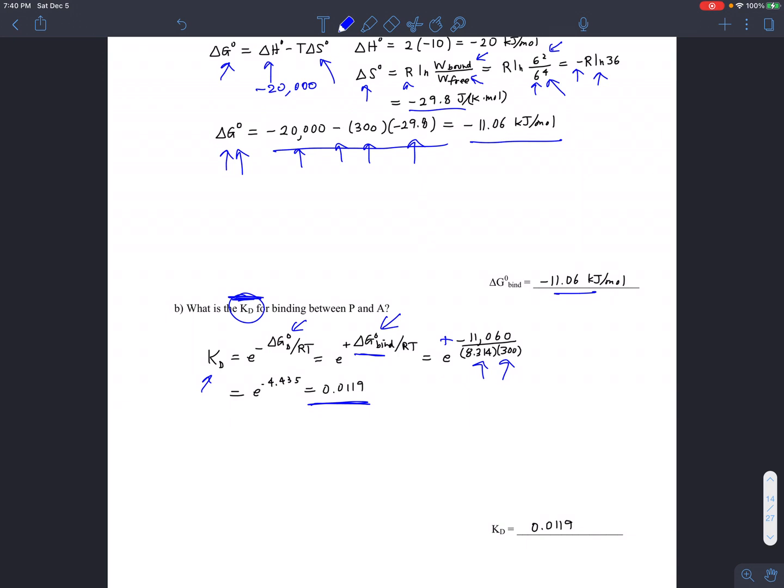So the KD is about 1 over 100. It's 10 to the minus 2, really.